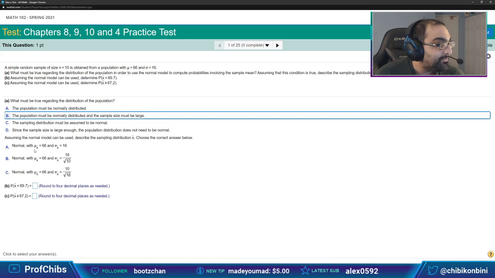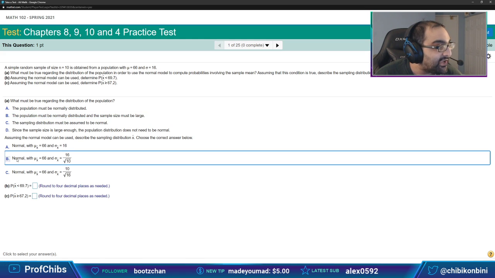Well, we have a sample size of 10, but the standard deviation is what is different. For a sampling distribution specifically, the standard deviation is going to be equivalent to the standard deviation divided by the square root of the sample size. So that is going to be letter B here.